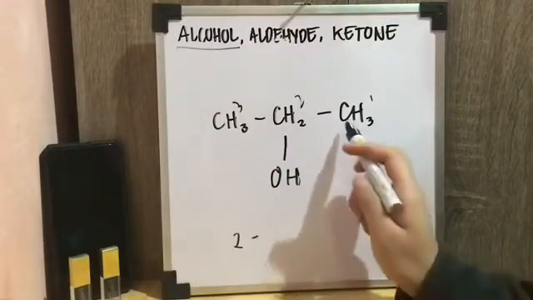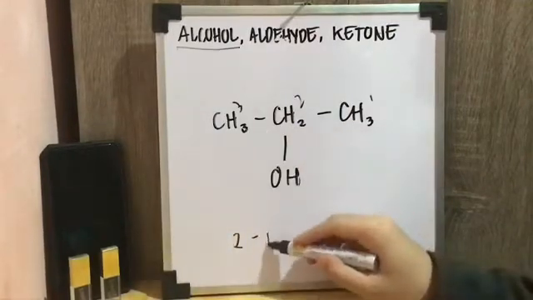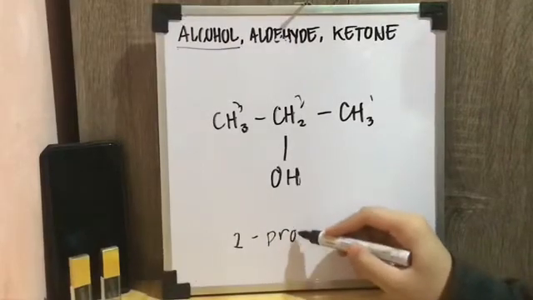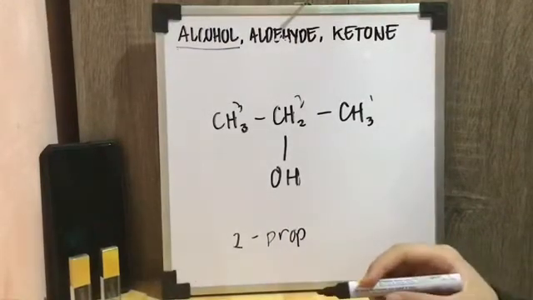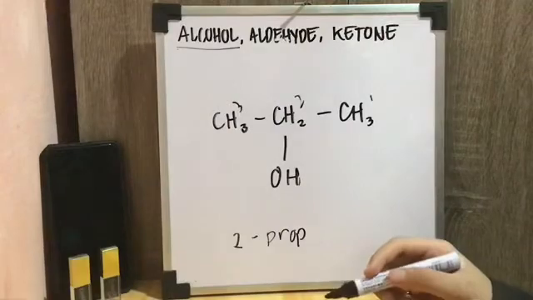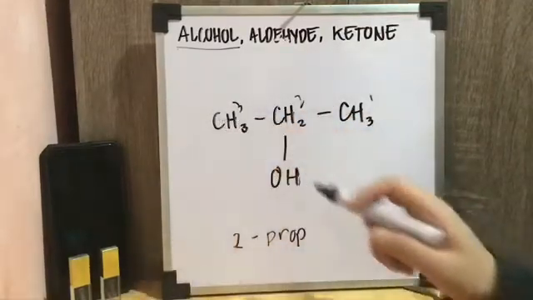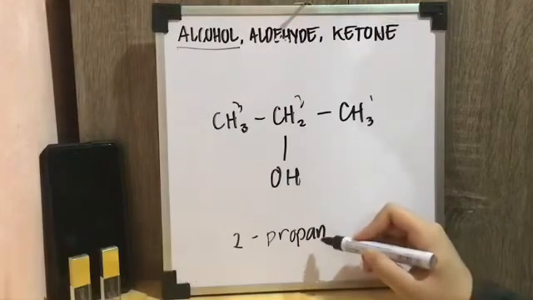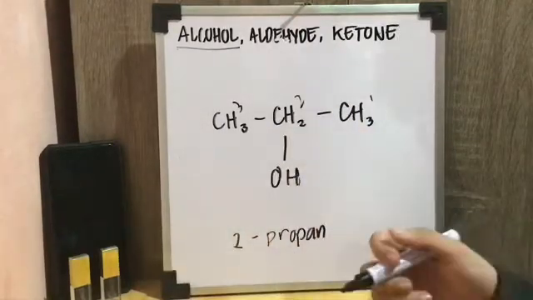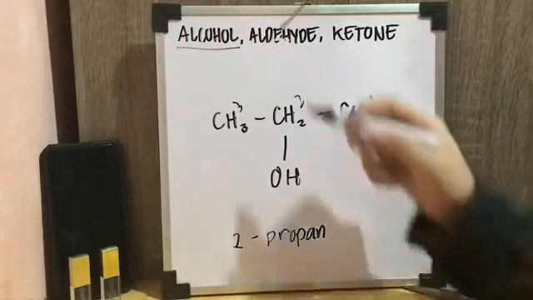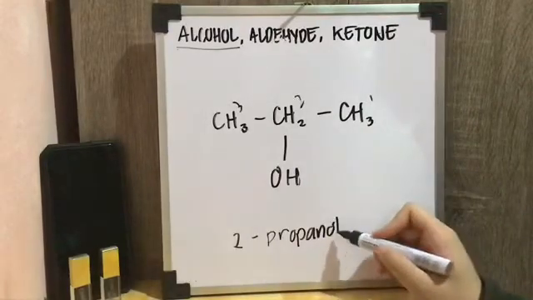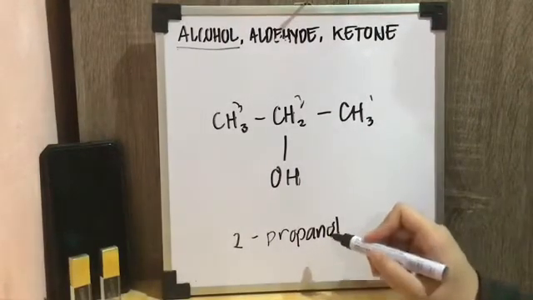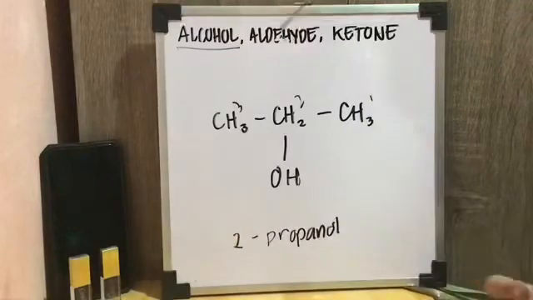And since we have 3 in the mother chain, we use prop as our prefix, and as these are connected by single bonds, we use "-ane" to signify that it is single bond connected. And lastly, we use the suffix "-ol" to signify that there is a hydroxyl group attachment.